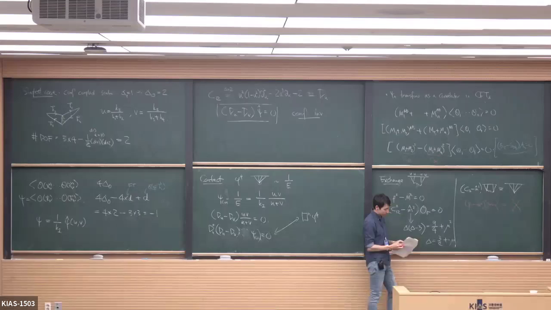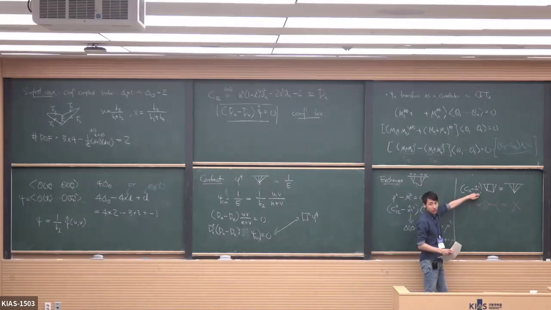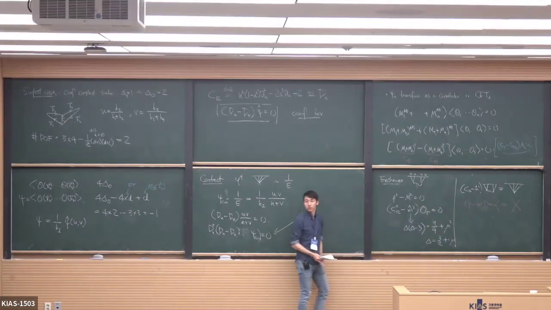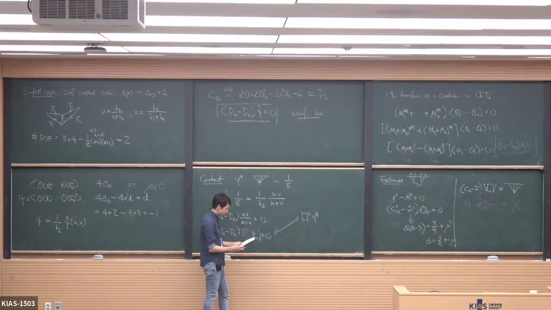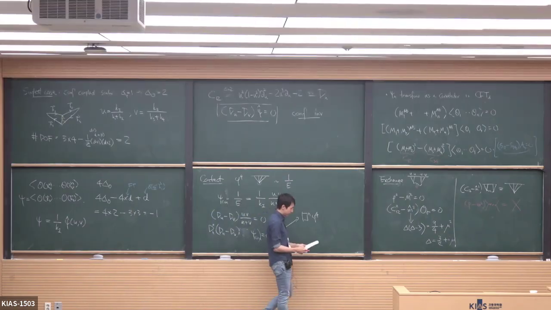Okay, so there's a very nice analogous story that we have in de Sitter, except that this is not an algebraic constraint. This is a differential equation that you have to solve to obtain the final answer.